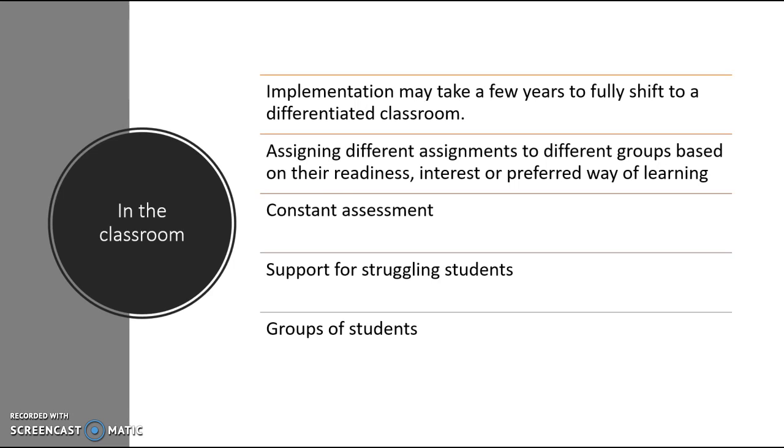Instead of getting to the end of the lesson and seeing that they just didn't understand it, as you go throughout the lesson you can pick up and learn exactly where they're falling off. You can see where some of the kids are struggling, split them into a group, and give them an assignment that tailors to that very topic or subject. In the differentiated classroom, this really plays a support role for struggling students.